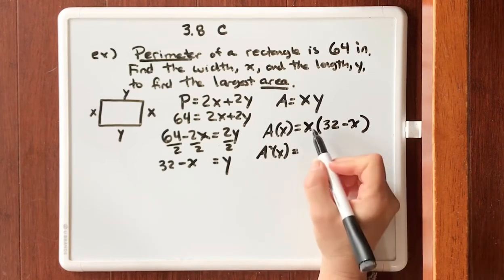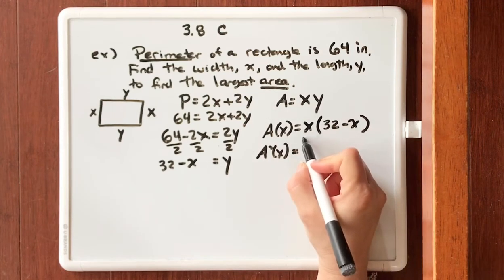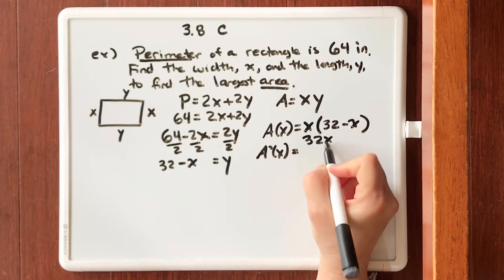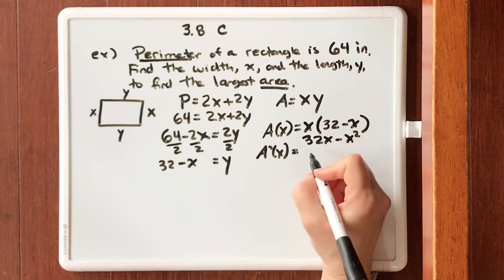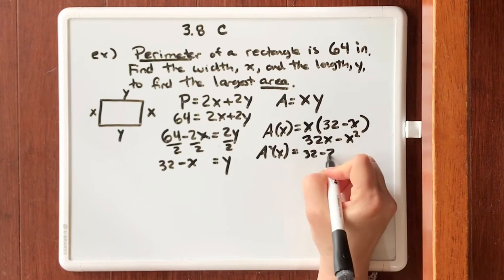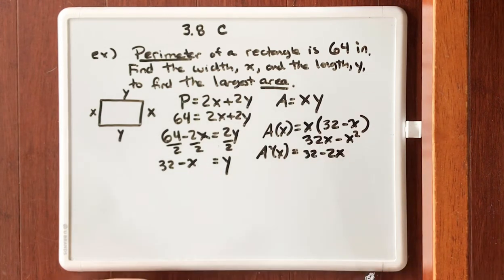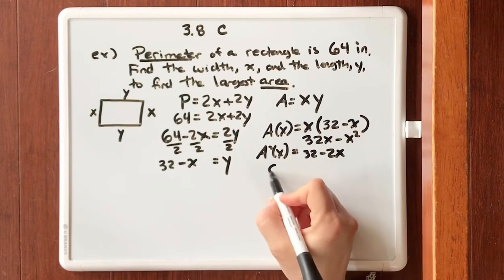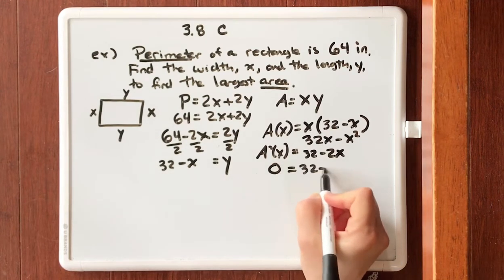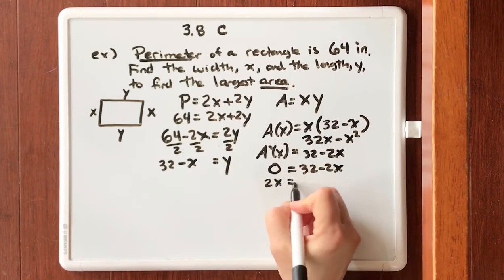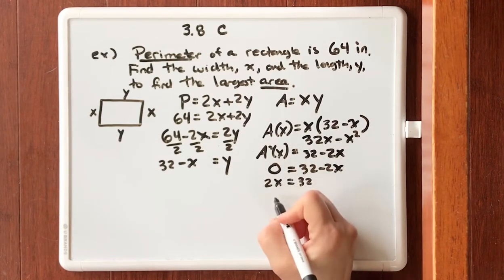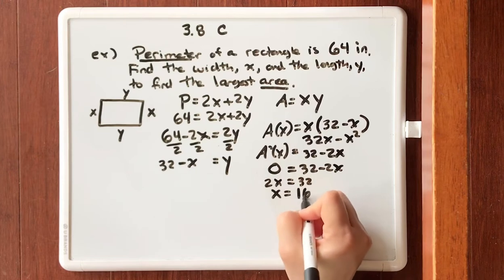Before we take A prime, though, let's go ahead and distribute this. We have 32x minus x squared. All right, so A prime is going to be 32 minus 2x. Set that to 0. Solve for x. x equals 16.